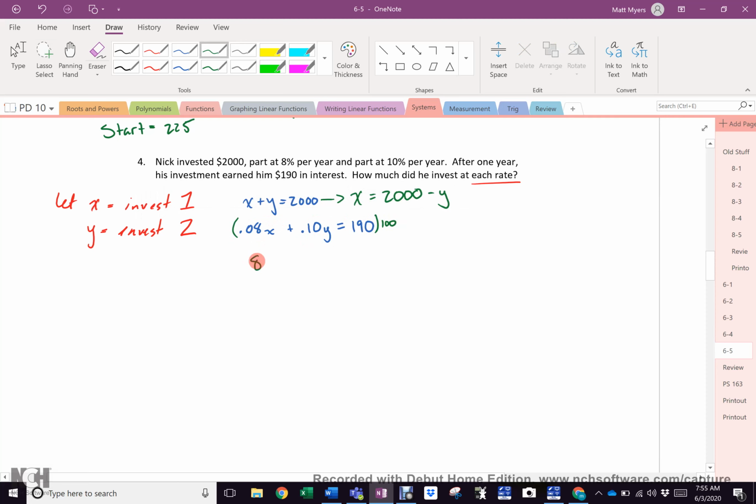So then you get 8x plus 10y equals 19,000, because 190 times 100, and x equals 2,000 minus y. Then, since you have it set up for substitution, 8 times 2,000 minus y plus 10y equals 19,000.